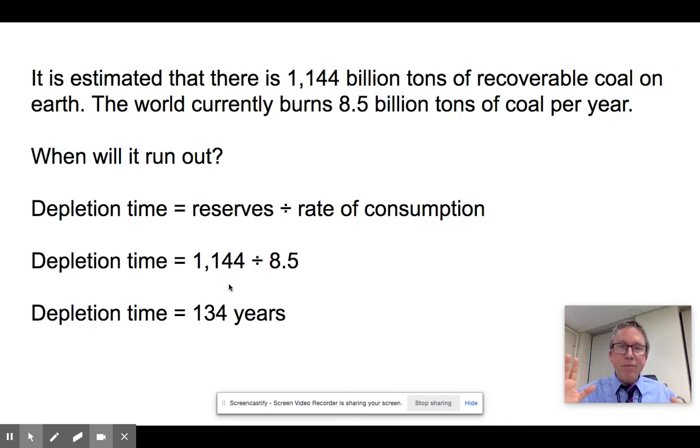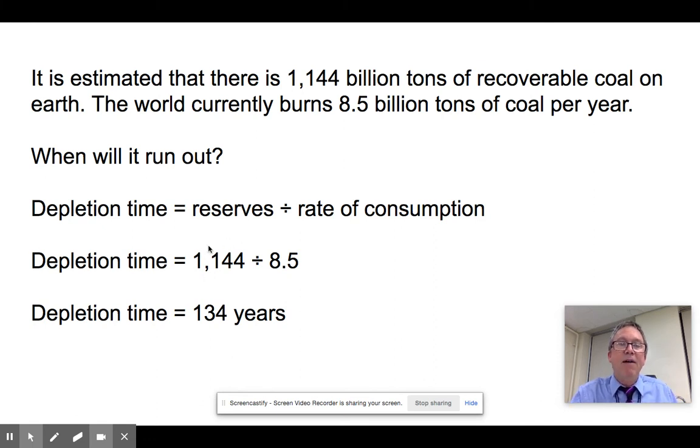So it is estimated right now that the world reserves of coal is a little over 1,000 billion tons of recoverable coal. That means coal we can actually get access to. Right now, the world is burning through it at about 8.5 billion tons per year. So let's just do the math, okay? What is the depletion time?